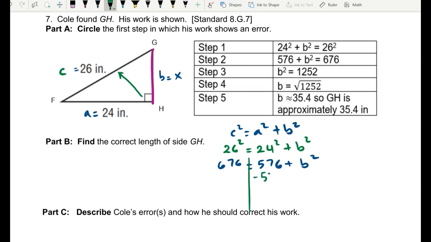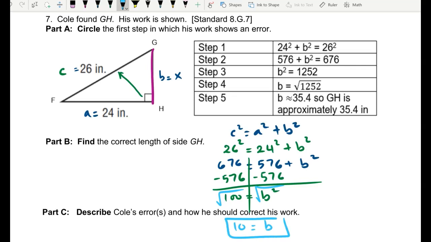Subtract 576 on both sides, which gives 100 equals b squared. Take the square root on both sides, so b equals 10.